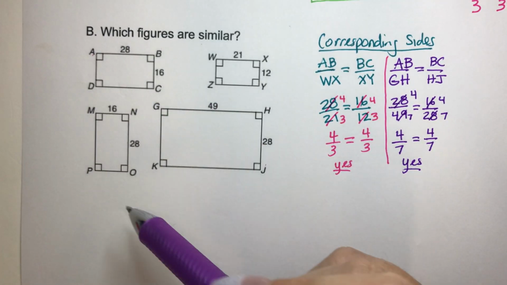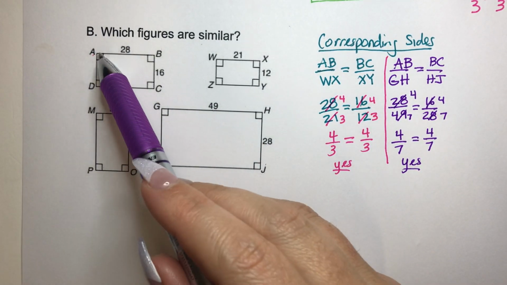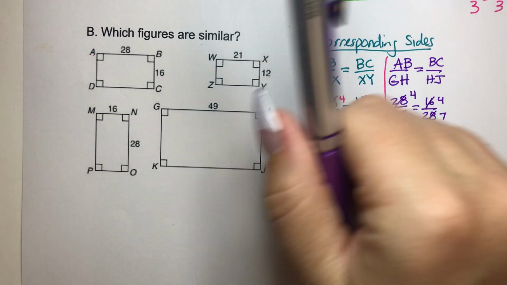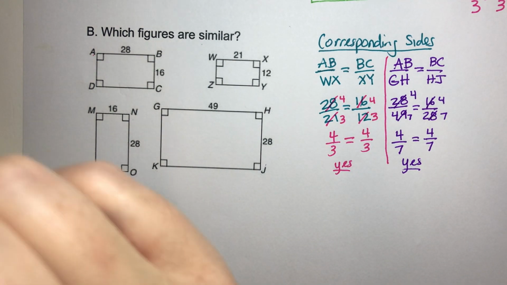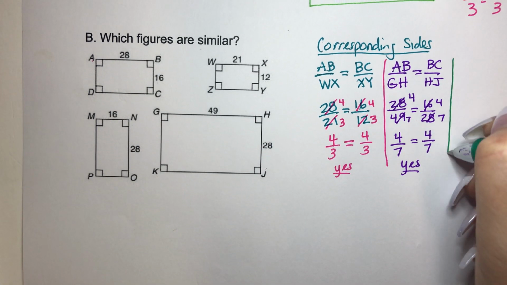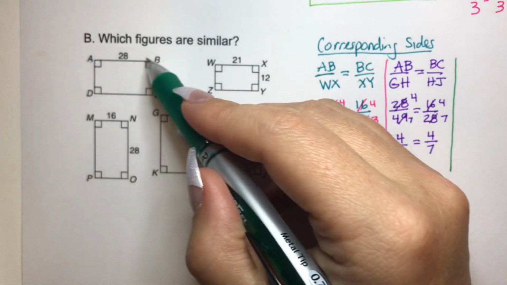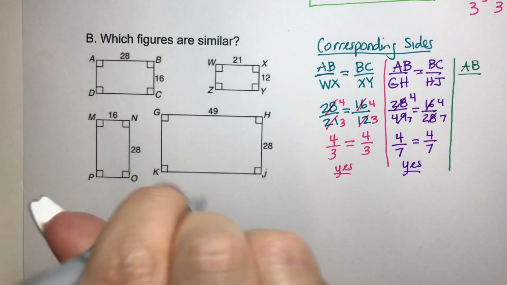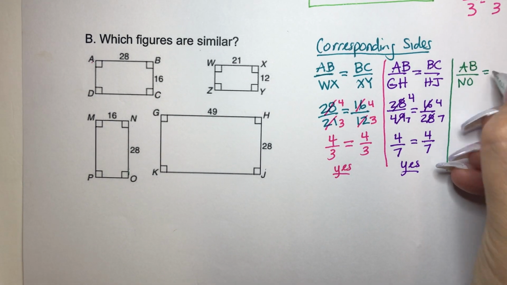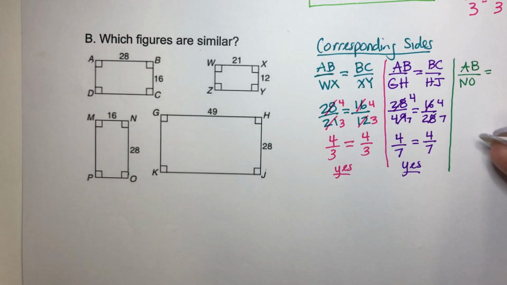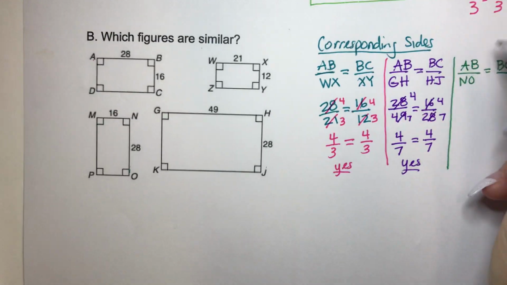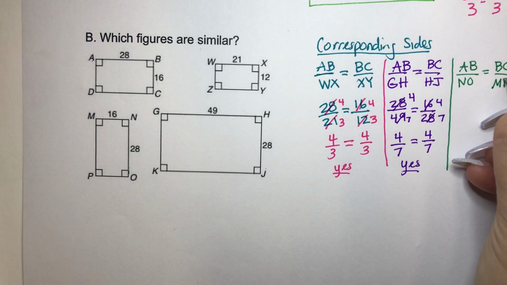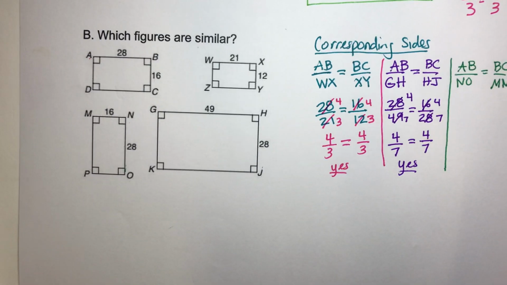So let's start with the, and I kind of feel like it is, because we have 28 over 28, right? Let me get a different color. Let's go with green. So we would do the long side, which would be AB, over the long side here, which would be NO, and then the short side is BC, over, oops, sorry about that, the short side is MN. Then we substitute in the values.